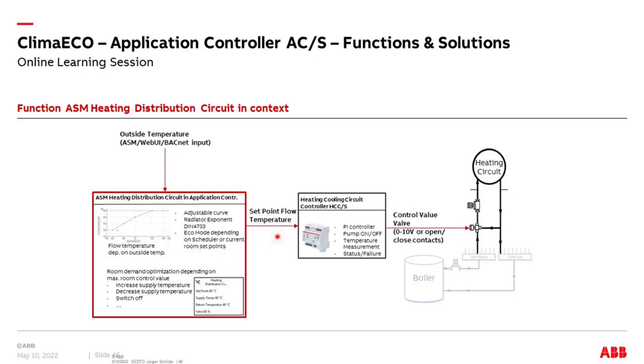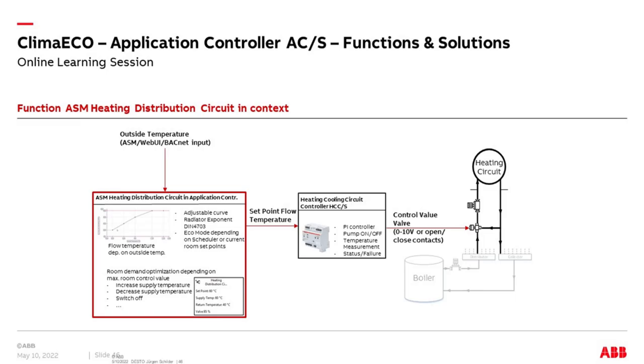Out of this, I calculate the set point of the flow temperature of a circuit, and I control the mixing valve with the heating cooling circuit controller. I measure the flow and return flow, and everything is in one total solution, and not only for one heating or cooling circuit, but for many more in a complete project. Again, no more details right now, just to show you the communication flow, where the application controller is part of the solution.